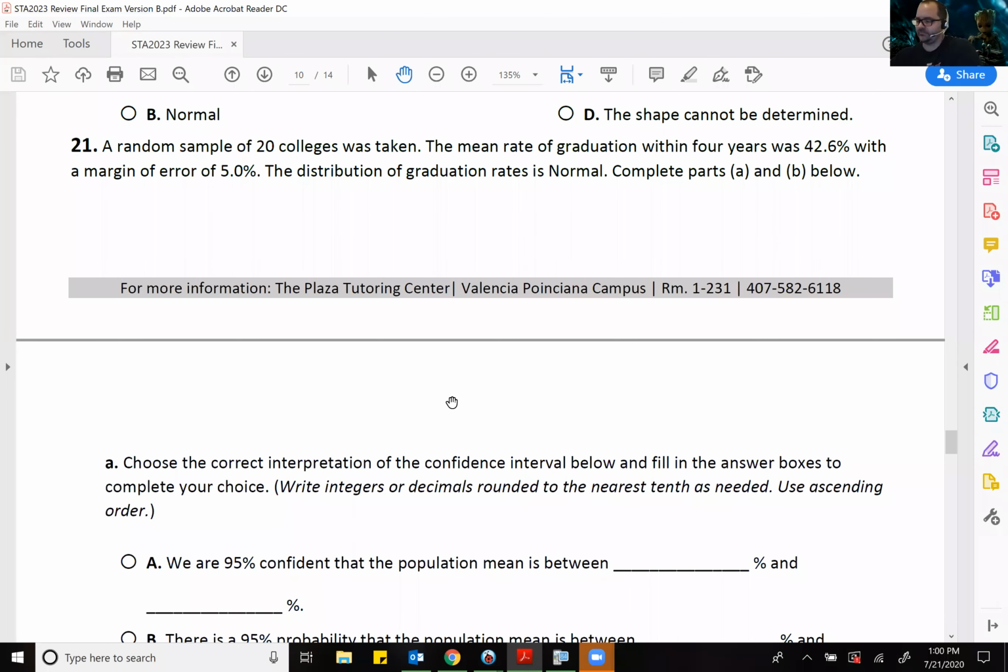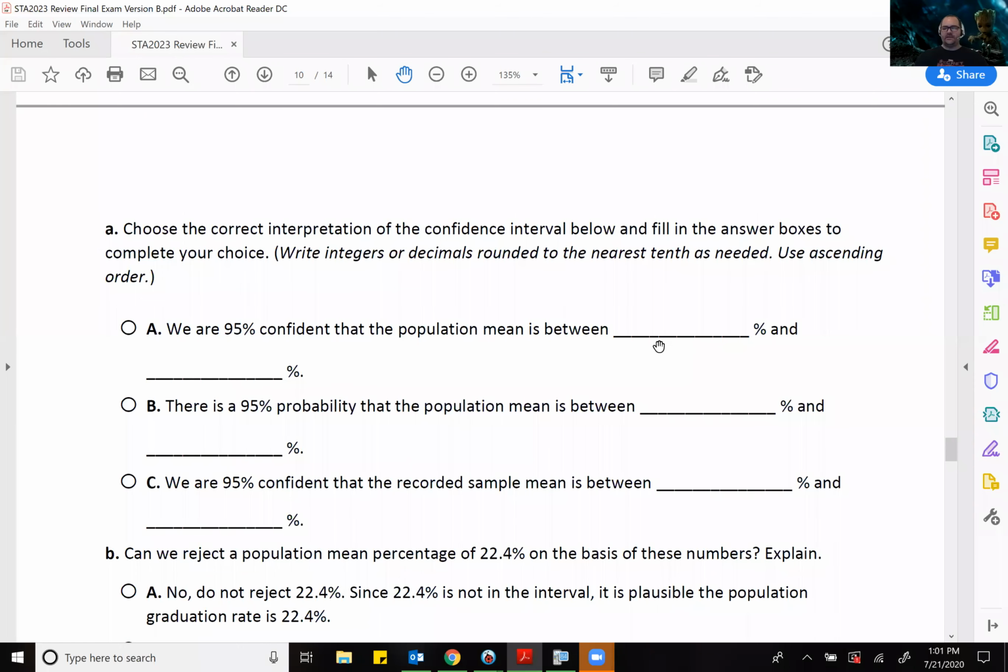So that's the upper. And then we take 42.6 minus 5.0. And we get 37.6%, and that's the lower. So when we fill in the blanks in this, the first blank should be 37.6. The second blank should be the 47.6.